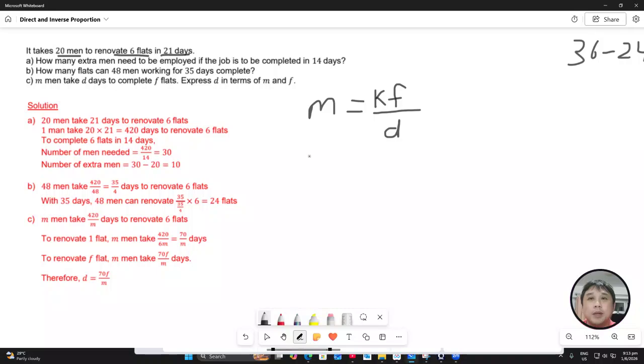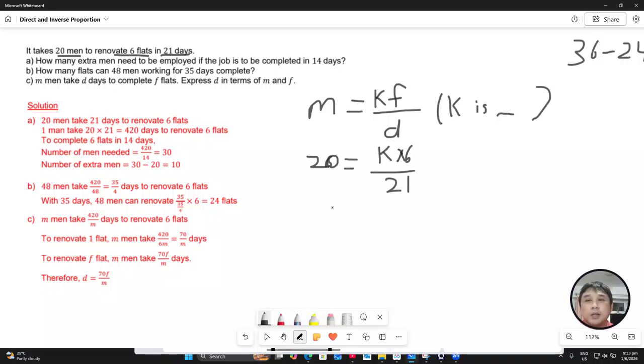So now let's put in the value of 20 men. All right, so basically, this is 20. Of course, K is a constant, and you have to really mention that, okay? But it's not easy to write on the computer, so I'll just leave it as it is. And then your K still being there. F is the 6 over here, and then your D is actually 21.